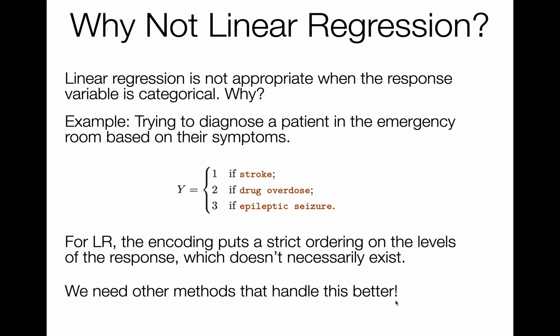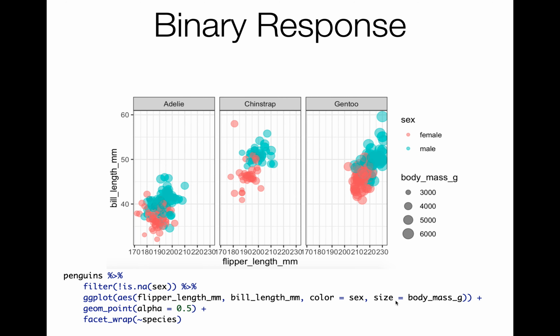And so that's what we're going to talk about on Friday. Our first one is going to have to do with binary responses. As I said before, for categorical responses, I could have a categorical variable with 2 levels.